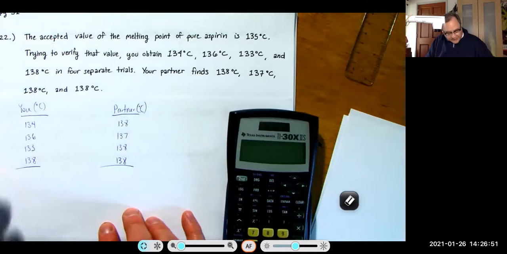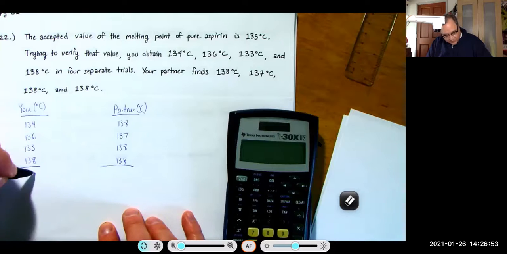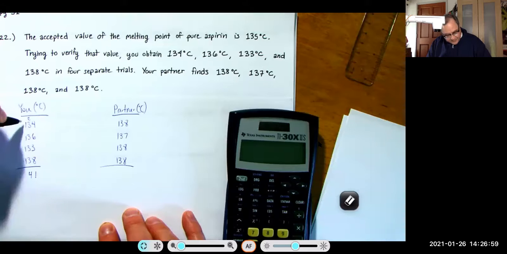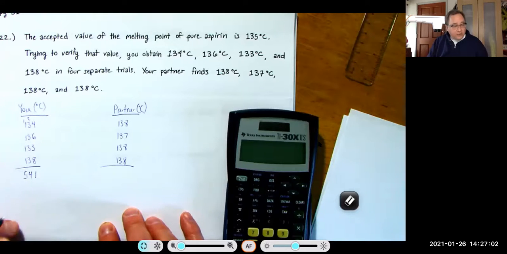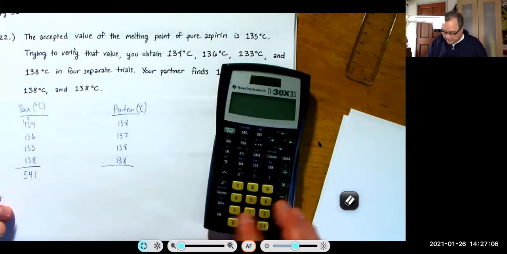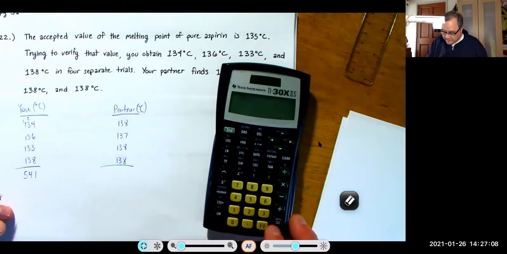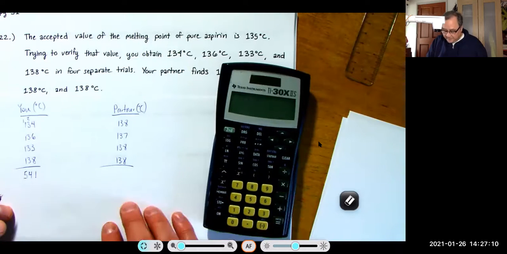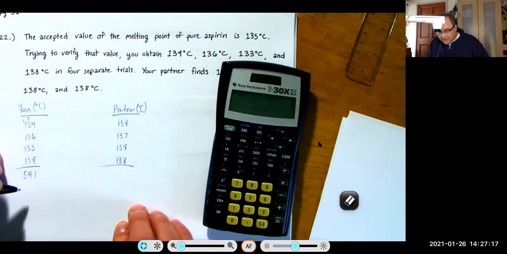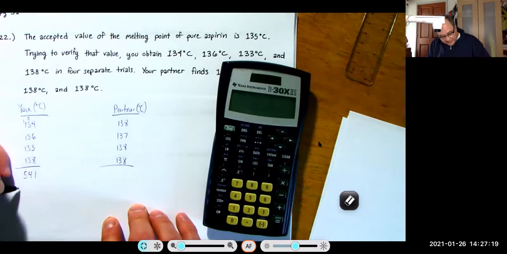Let's see, 4 and 6 is 10, plus 11 is 21. That's 12, plus 2 more is 14. And so we get 541 total divided by 4. So the average value here is 135 degrees Celsius.